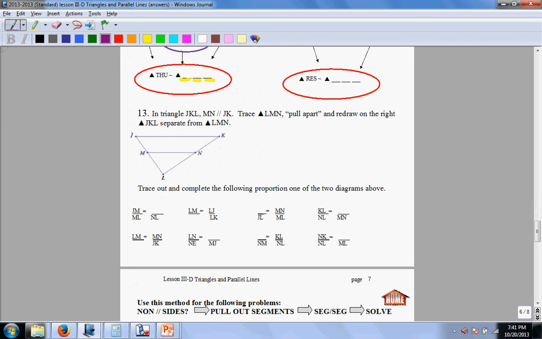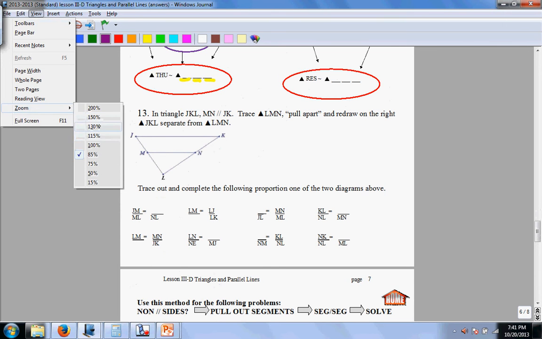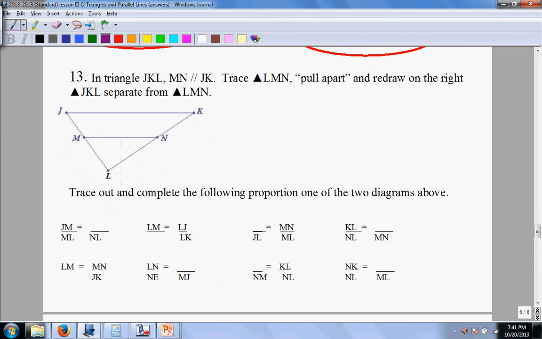Taking a look at 13, it says first we want to trace triangle JKL and then also the parallel line. So let's trace JKL first. Now we want to trace the parallel lines. We're told they're parallel. And now we want to trace LMN.